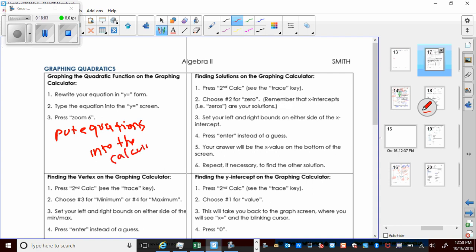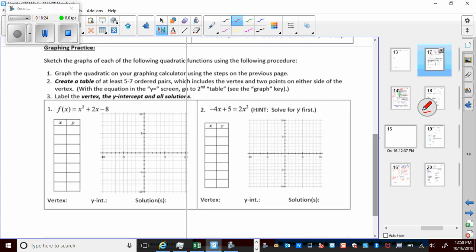Miss Smith, how do I find solutions on the graphing calculator? How do I find the vertex, the minimum or the maximum? How do I find the y-intercept? It tells you. So go ahead, finish those last 2 problems here on this part.